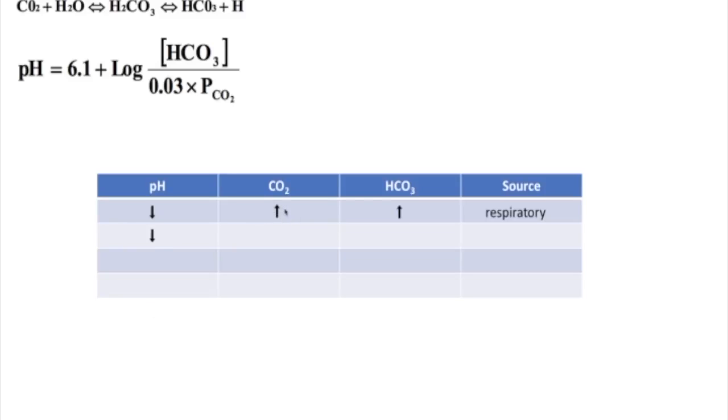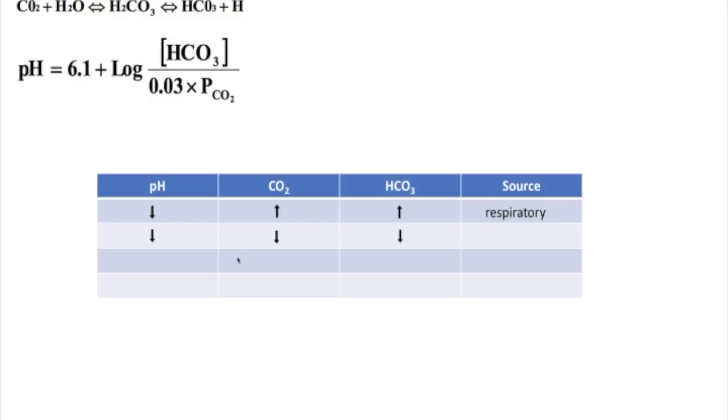Okay. On the other hand, if we have a low pH and acidosis, and now we look at the situation where both of these parameters are down, again, we look at low bicarb, and a drop in bicarb is going to shift this equation to the right, and it's going to generate more protons. It will cause an acidosis. A drop in CO2 will shift this equation to the left, and that will cause protons to be eaten up and CO2 to be generated, and so that will cause an alkalosis.